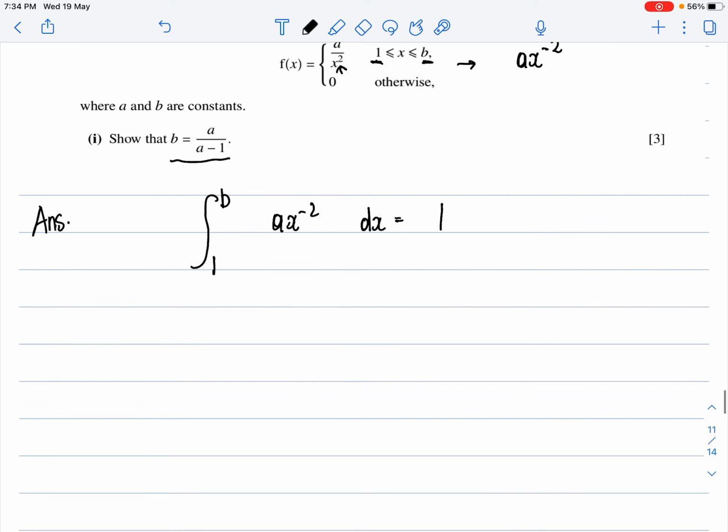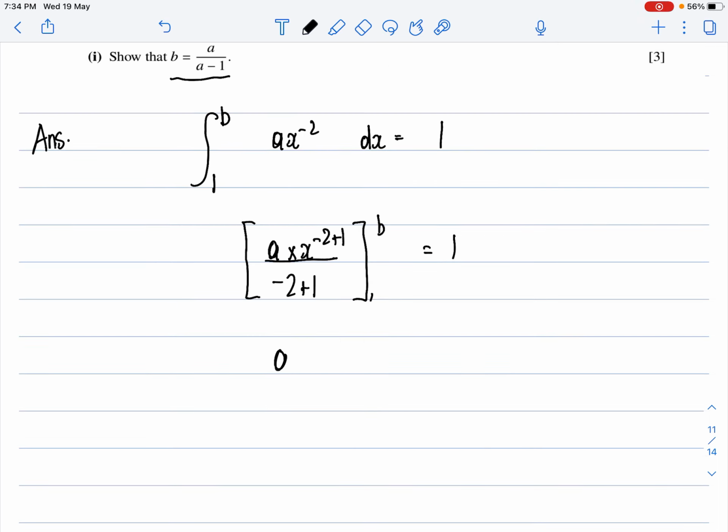So I need to integrate a into x raised to minus 2, which is simply a into x raised to minus 2 plus 1 over minus 2 plus 1 with the limits 1 and b, which is equal to 1. So I'll get a into x raised to minus 1, and minus 2 plus 1 will give me minus 1.